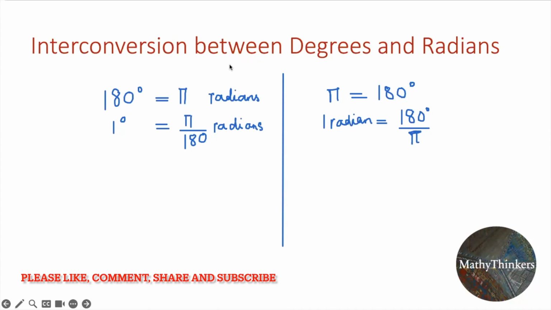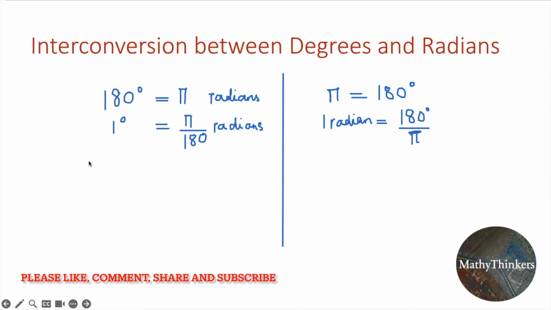In some questions, we might need to convert from radians to degrees or from degrees to radians. In such cases, we should know the conversion rule. We have to remember that 180 degrees is pi radians. So 1 degree should be pi divided by 180 radians.